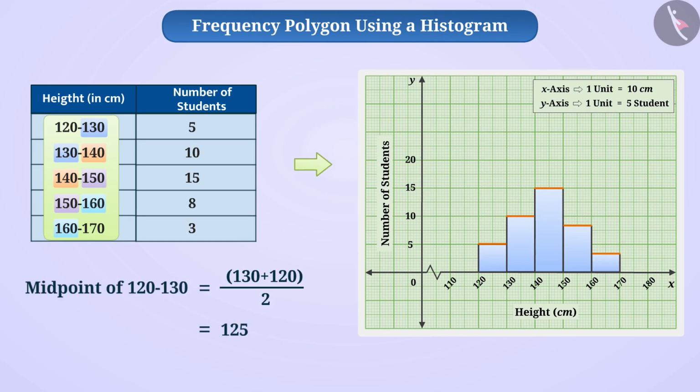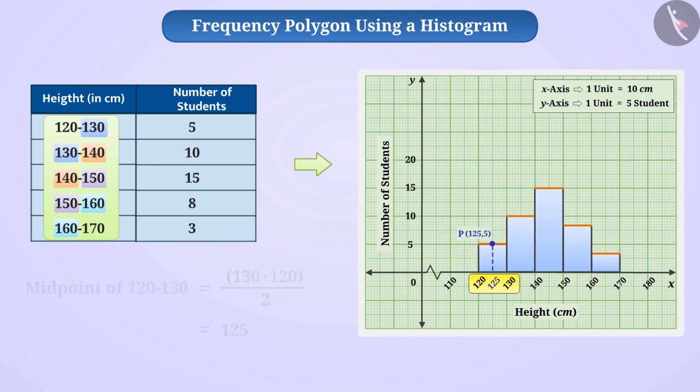Therefore, we will go to the upper side of the rectangle drawn on the class interval 120 to 130 and mark the middle point, followed by the vertical line representing 125 on the x-axis. 125 is the midpoint of class interval 120 to 130. We also call it a class mark. Let P be the middle point obtained. Here, the coordinates of point P are 125 and 5.